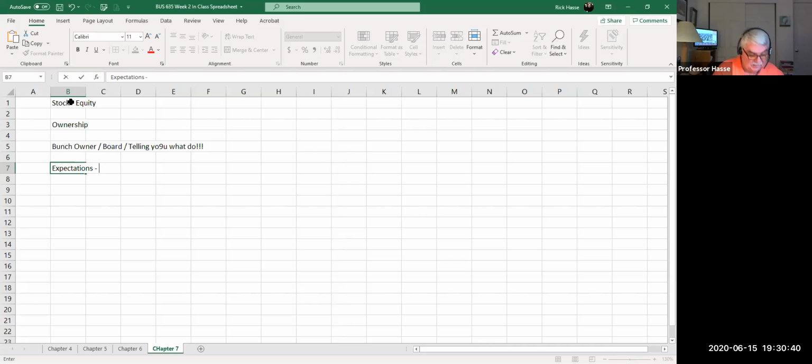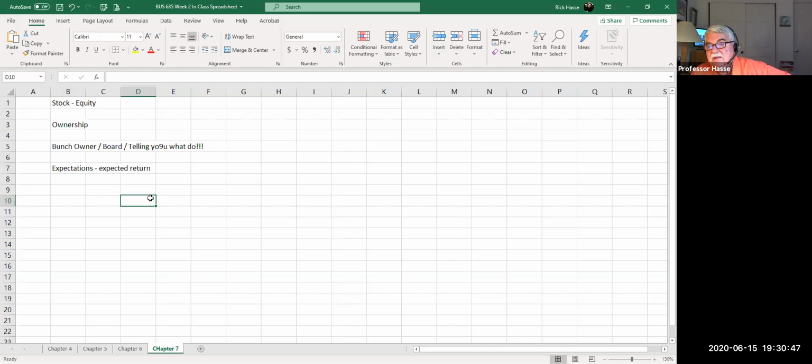In other words, expected return. They expect something. Would you invest in Apple Computer if you knew in advance that they weren't going to grow over the next 5 years or pay any dividends? I would say, you know what, Apple, I don't think you're going to get my money.